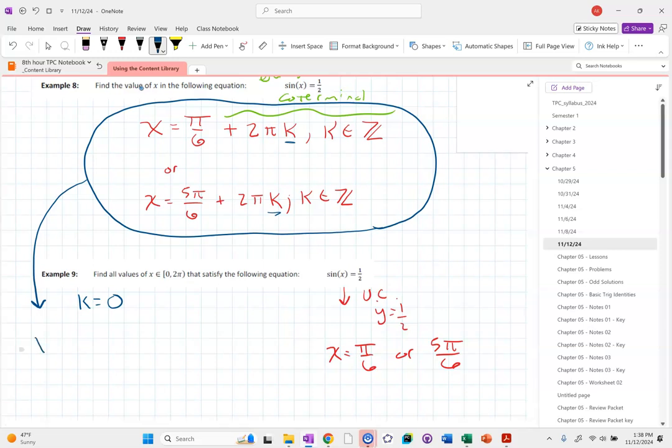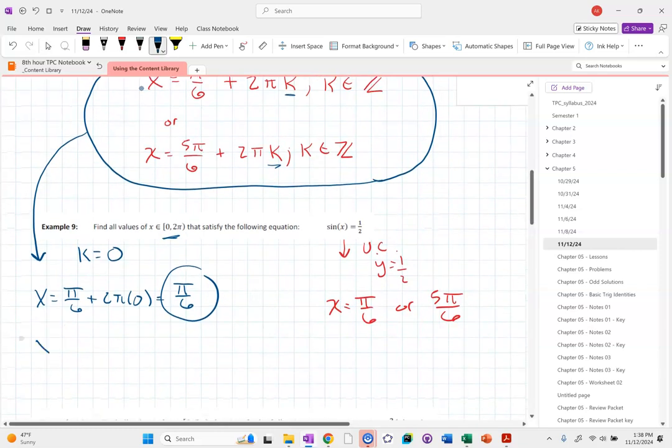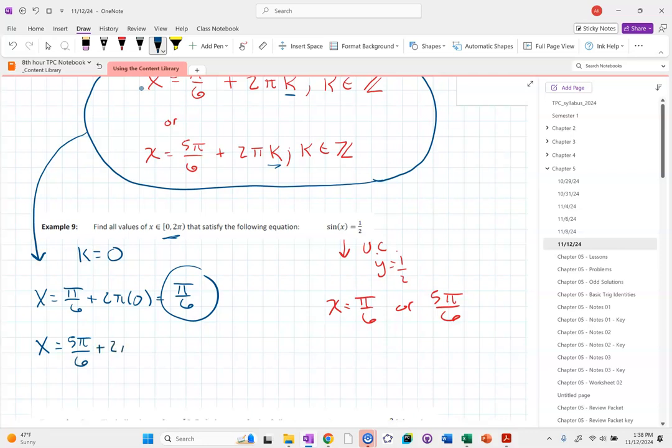So what if I plug in 0 for k? So that just gives me pi over 6, which is in between 0 and 2 pi. And if I take the other general solution, again, plug in 0, that's just going to give me 5 pi over 6, which is also in between 0 and 2 pi.